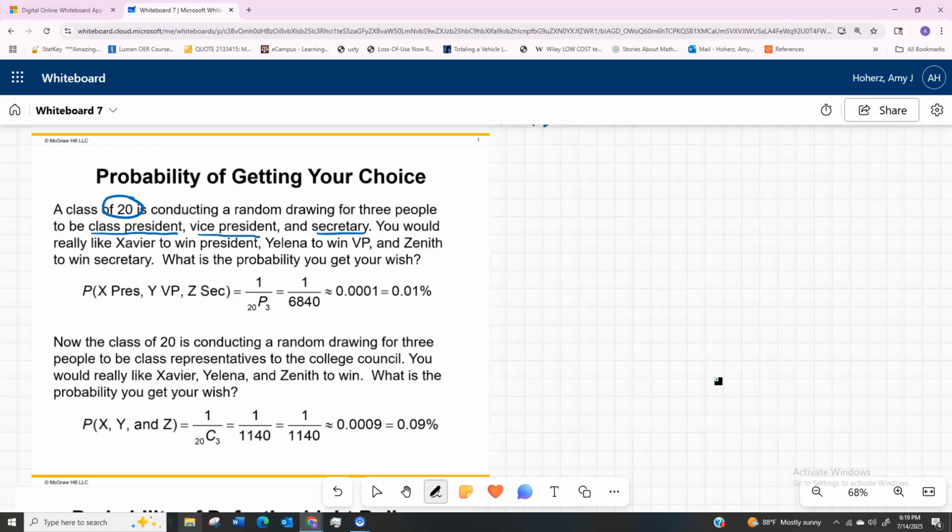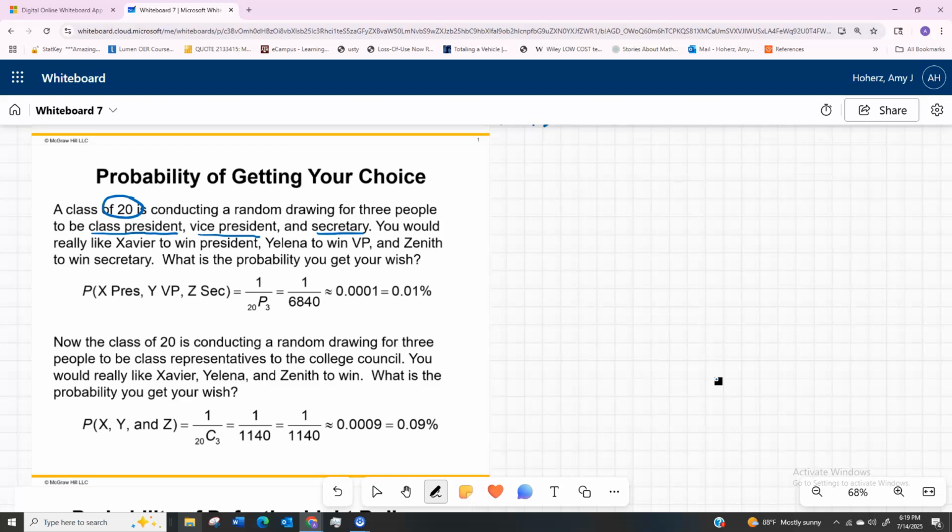So kind of drawing off of what we did before, but now we're going to calculate the probability rather than just counting. So you would really like Xavier to win as president, Yelena to win as vice president, and Zenith to win as the secretary. If those are just 3 students out of 20 in the class, what's the probability that you get your wish?